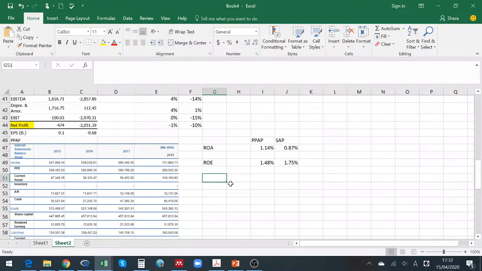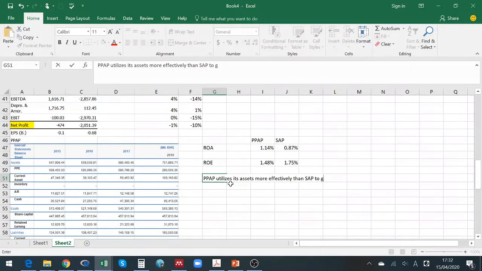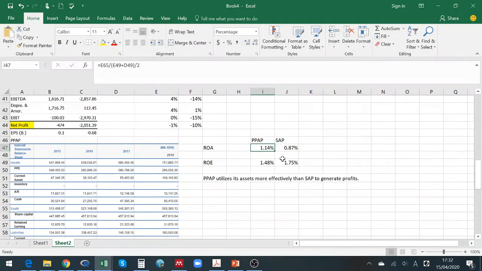That means PPAP utilizes its assets more effectively than SAP to generate profit. You can say that because their ROA is higher.